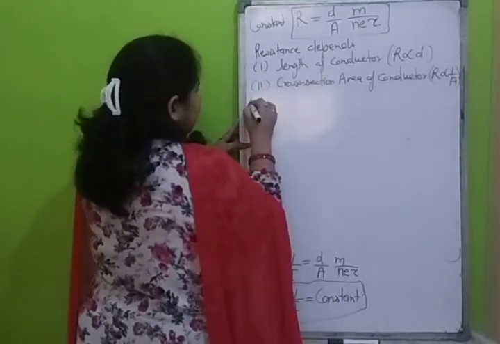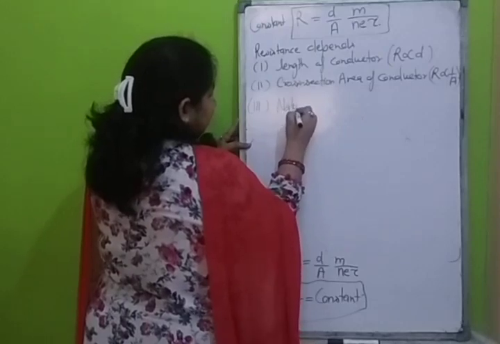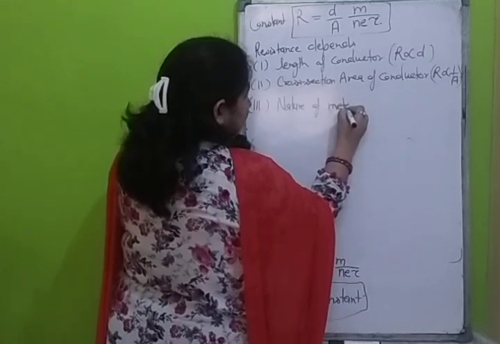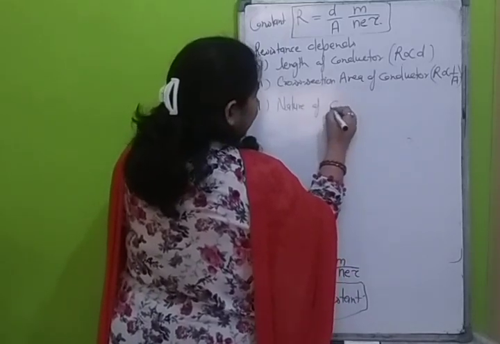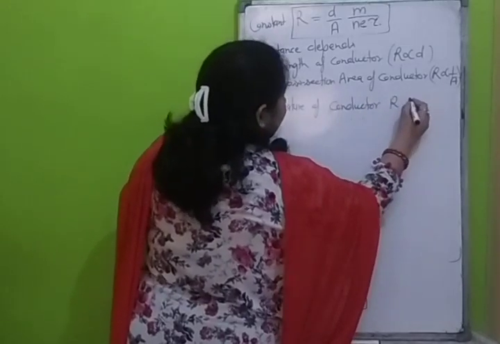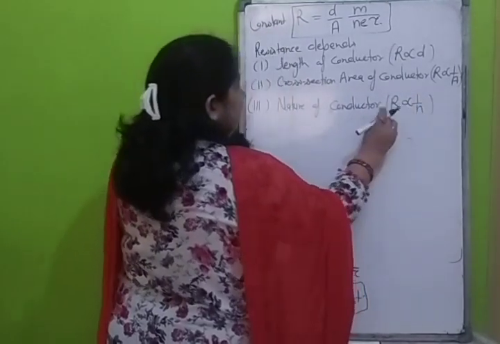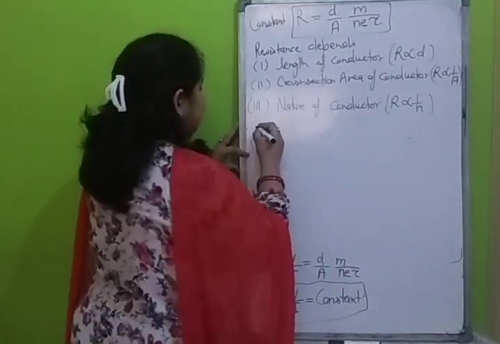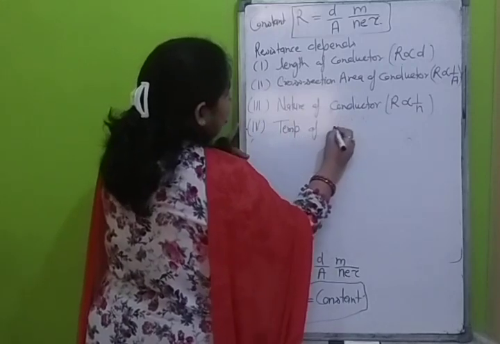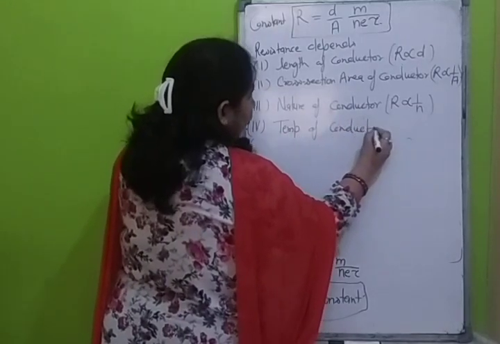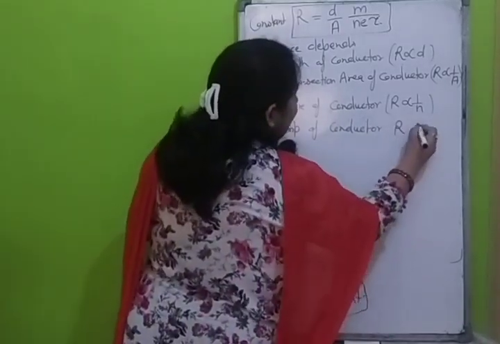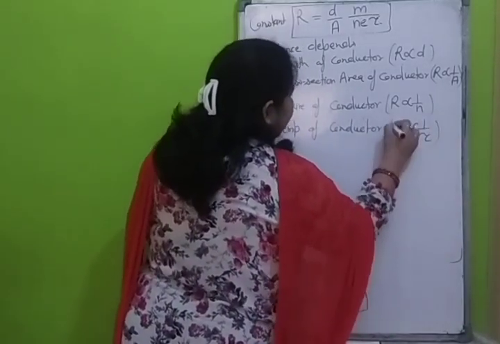Third, the nature of the conductor: R is inversely proportional to n, which identifies the nature. And fourth, the temperature of the conductor. Relaxation time reflects the temperature: R is inversely proportional to relaxation time.